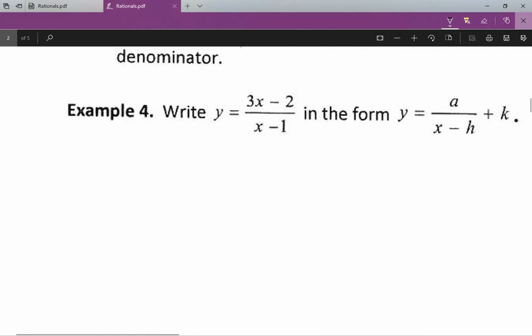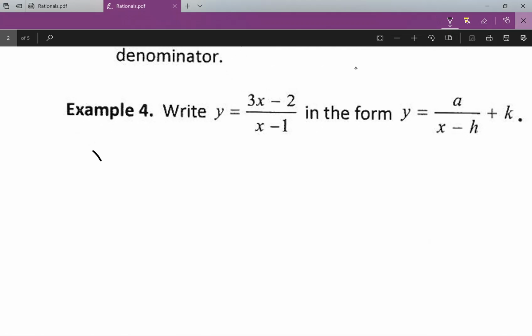Starting off, I have y equals 3x minus 2 all over x minus 1. I want to get it into the form y equals a over x minus h, and then have that plus k right there.